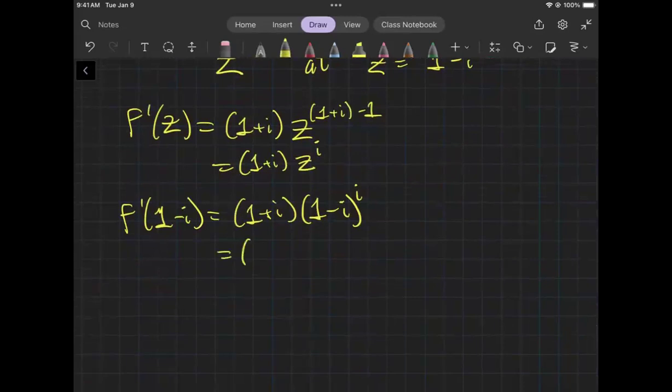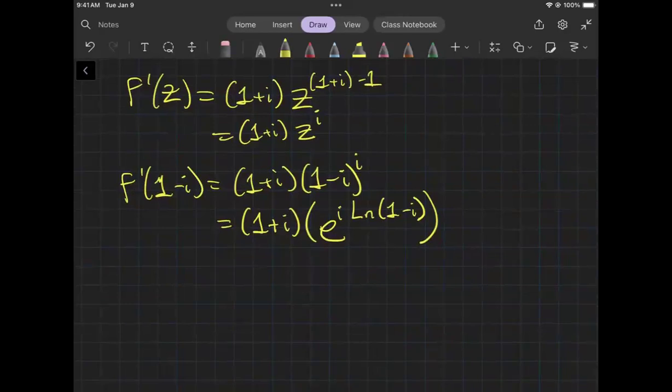And this equals 1 plus I times e to the, I should say, e to the I times the capital natural log of 1 minus I, right?